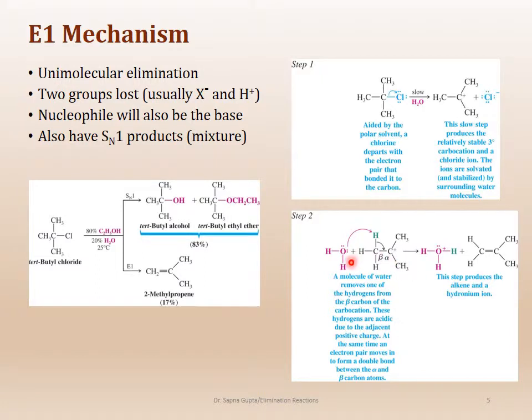The elimination will still be alpha beta elimination, which means that whatever nucleophile or base you have is going to abstract the proton from the beta carbon, and that will leave its electrons on the alpha beta carbon bond to give the alkene. The water then becomes the hydronium ion over here. So this is the product that you are predicting to have.